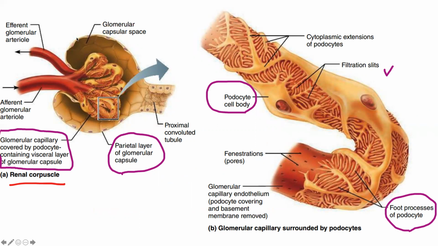The parietal layer is made of the squamous epithelium, as you can see, and our afferent arteriole coming into the Bowman's capsule became the glomerular capillaries, and then finally leaves the glomerular capillary as the efferent arteriole, and the visceral layer of the Bowman's capsule is made of the podocytes.